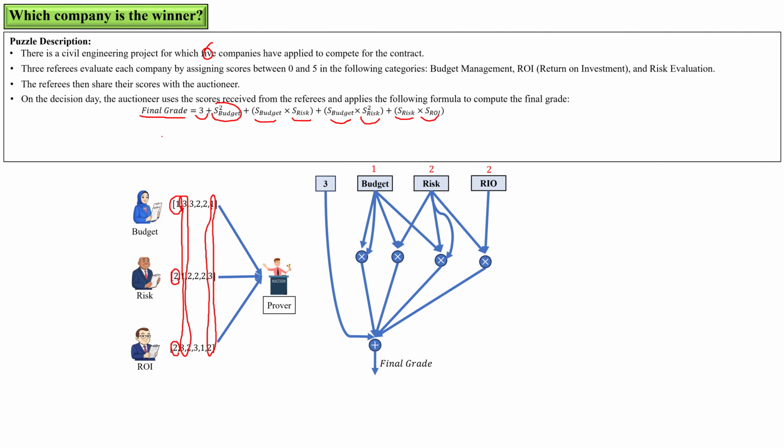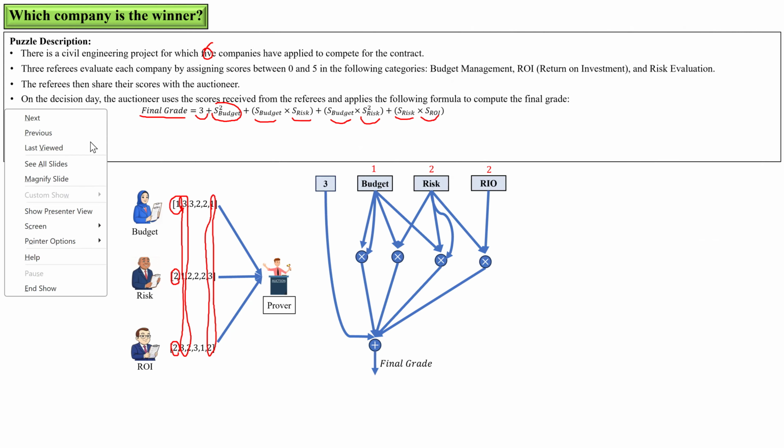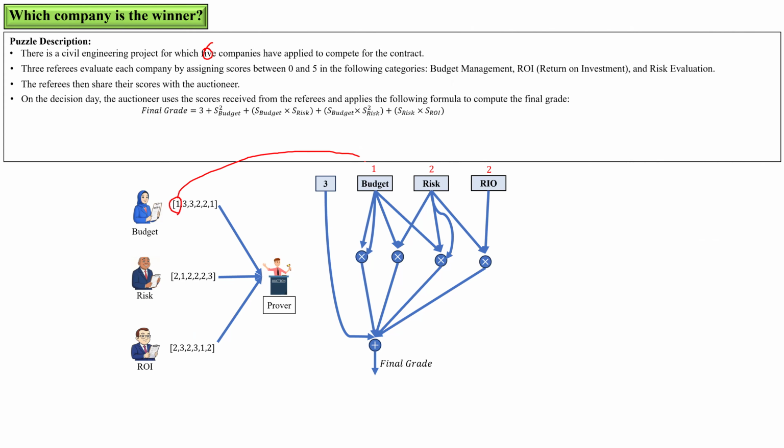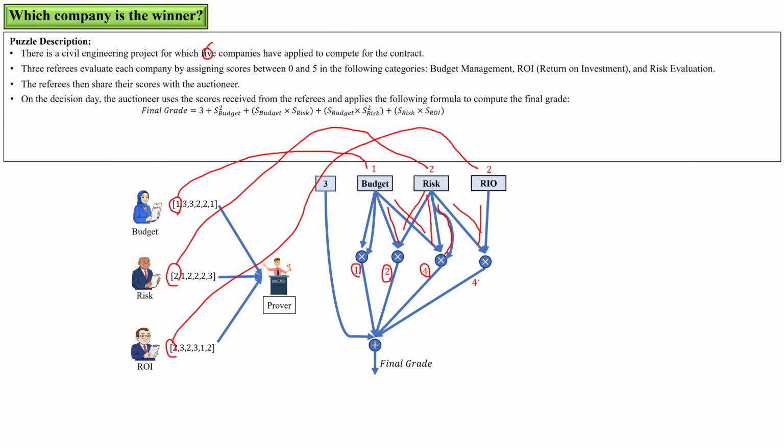So for instance, for the first company, the prover or the auctioneer enters the value 1 for the budget, 2 for the risk, and 2 for ROI, and then by following this circuit we compute these values: 1 multiplied by 1 equals 1, and then 2 multiplied by 1 equals 2, and then 2 multiplied by 1 and multiplied by 2 equals 4, and then 2 multiplied by 2 equals 4.